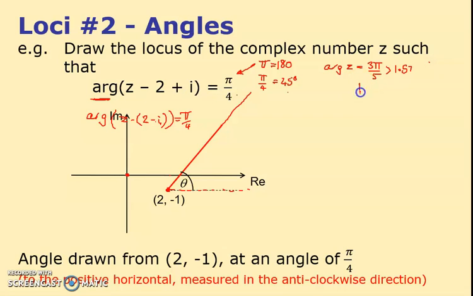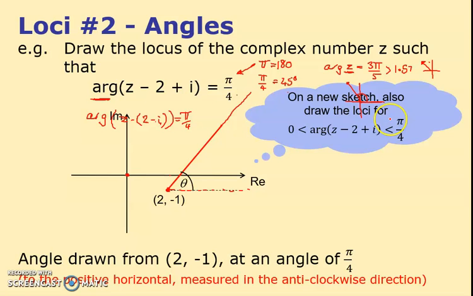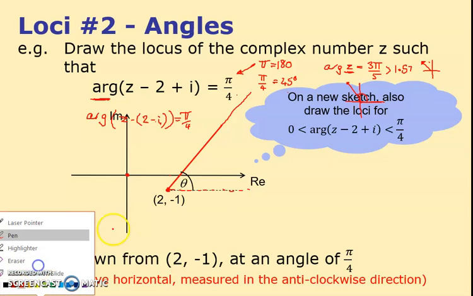So that tells me this one will look like this. It'll be an angle pointing kind of in that direction. And in actual fact, because it just says arg z, and doesn't say this funny thing here, it will go from here, and it will go up in that direction. And that's what you're meant to do. And there's my angle there. Oh, I wasn't going to do that one, so let's get rid of that, just so that I can see what it actually says.